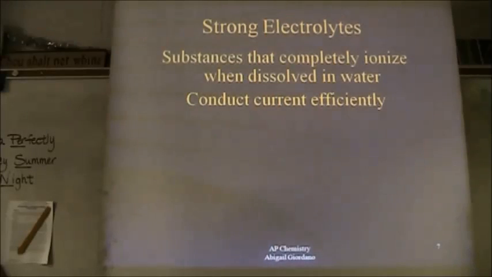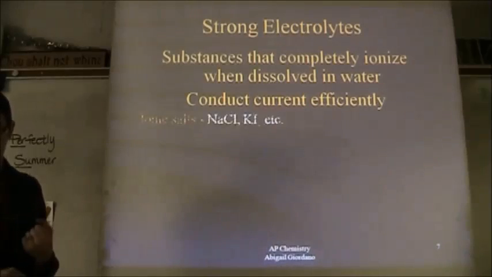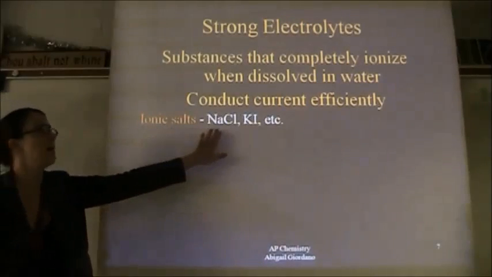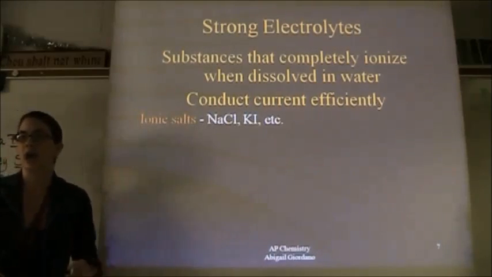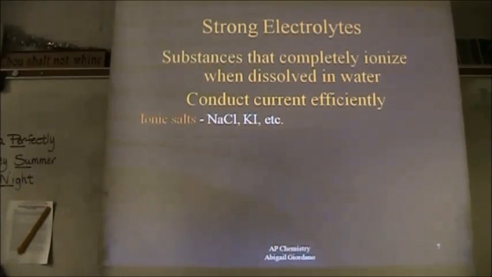So how do you know what are strong electrolytes? Well, first of all, most of your ionic salts, not all, but most, are going to be strong electrolytes. Things that ionize completely. They release lots of ions into the solution.